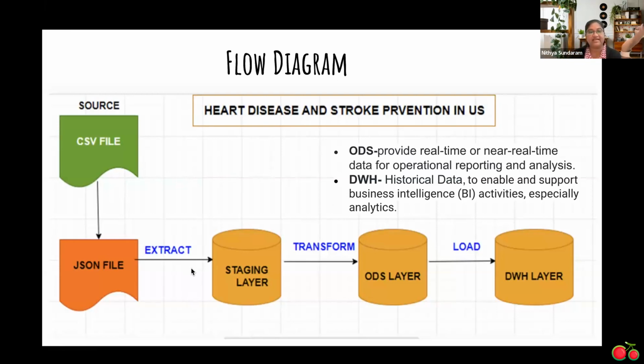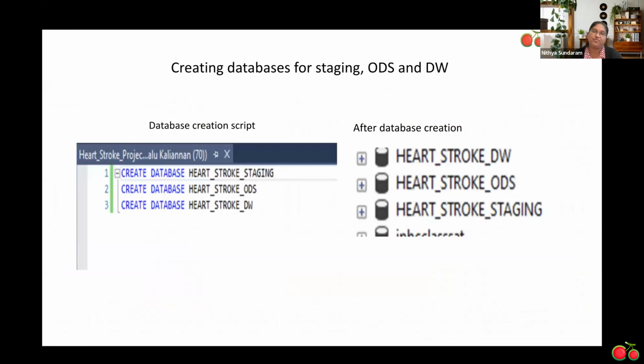And finally, the data is extracted into the staging layer and transformed. Some transformations are performed in the ODS layer. The ODS layer is used here for real-time operational reporting purposes. And finally, the data is loaded into the data warehouse for historical purposes and report analysis for business data-driven decisions. Now, let's dive into the project.